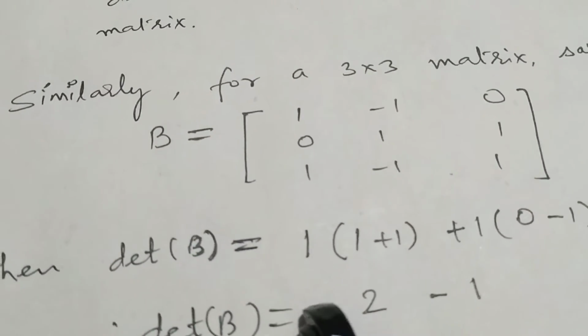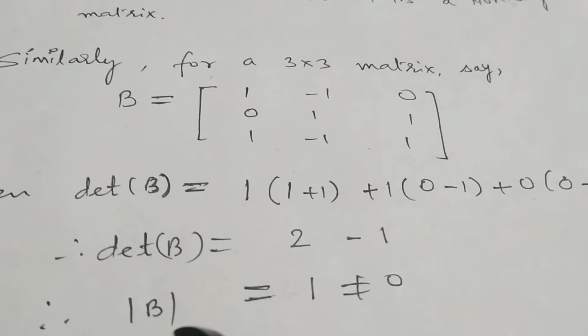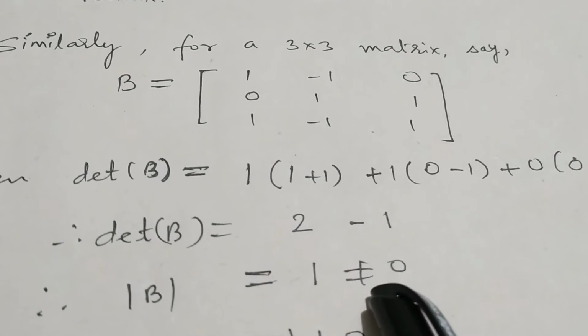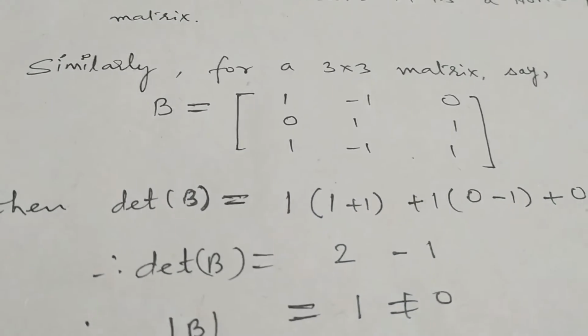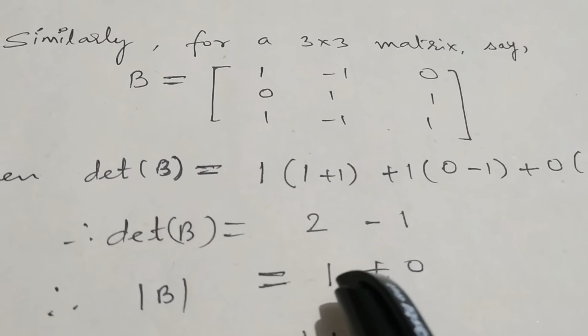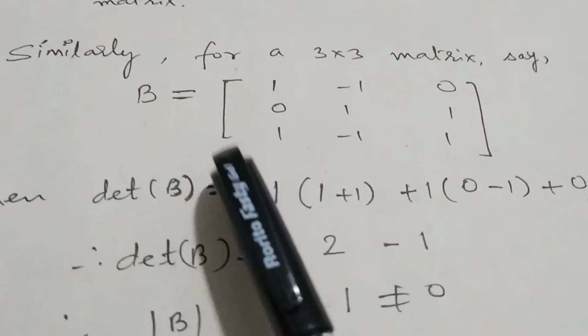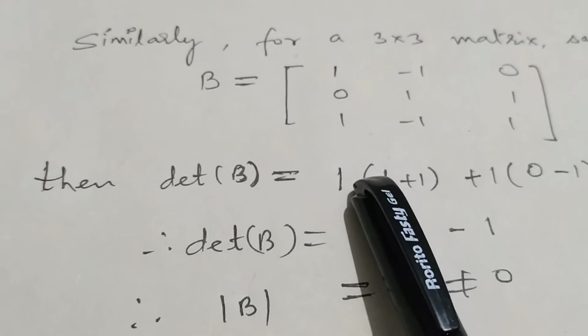Again, we have another example of a matrix B whose determinant is non-zero. Such a matrix whose corresponding determinant is not 0 is called a non-singular matrix.